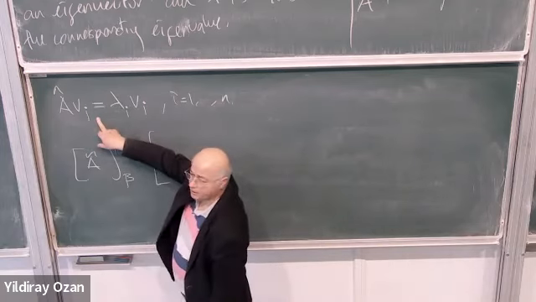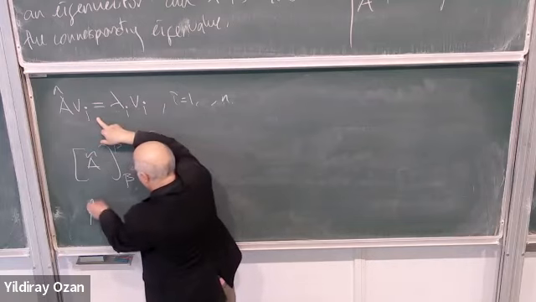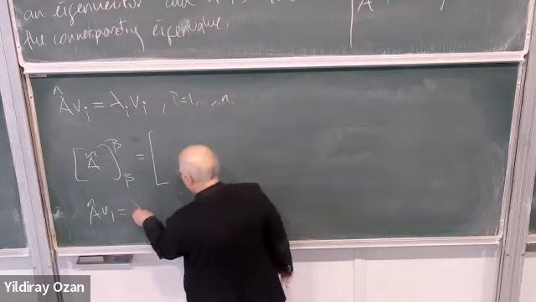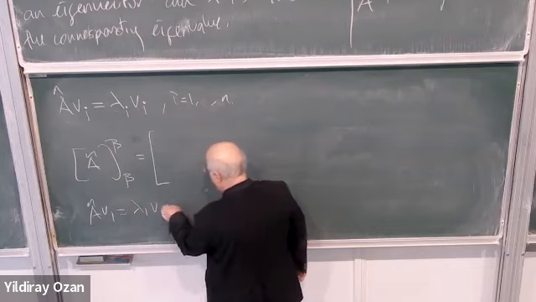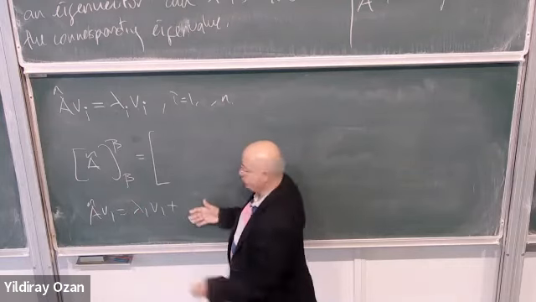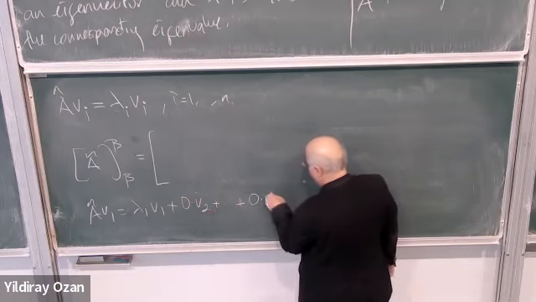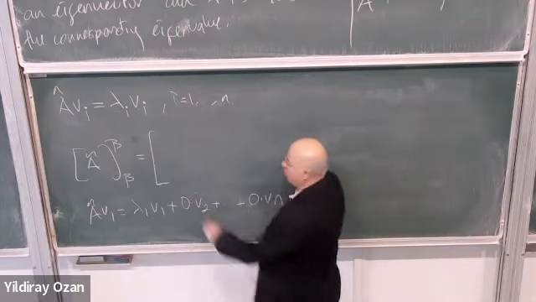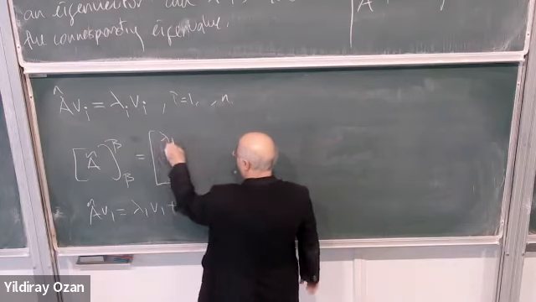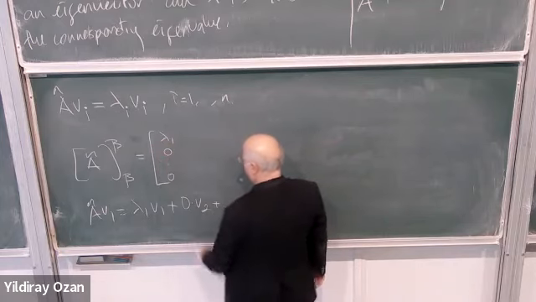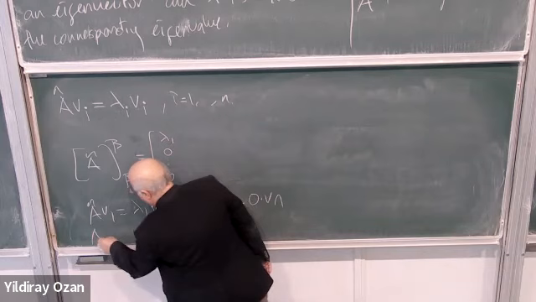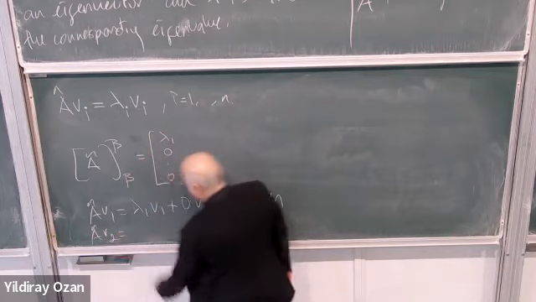A hat V1 is just lambda 1 times V1, and then there is no V2, 0 times V2, 0 times Vn. So the first column is just lambda 1, 0, 0, 0. What about A hat V2?